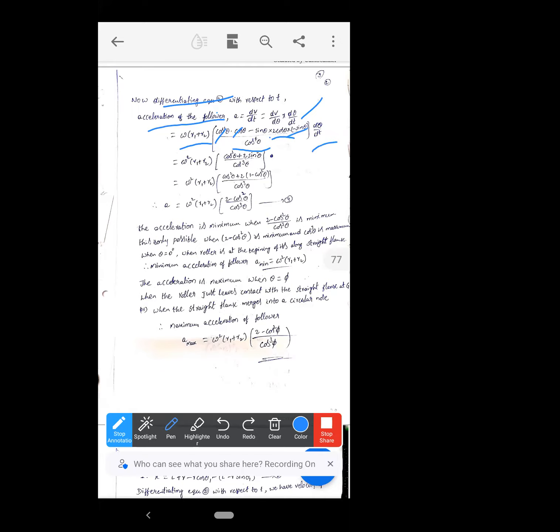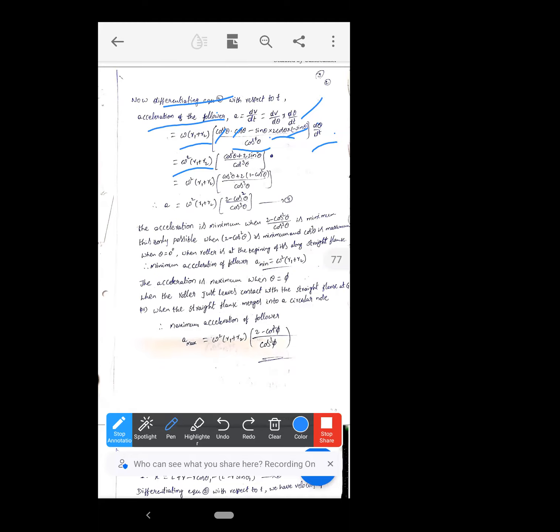Now d theta by dt we again write as omega. So omega square into (r1 plus r2) into, after simplifying, (cos square theta plus 2 sin square theta) by cos cube theta. When we take out cos theta from the entire equation, the denominator loses one cos theta, and the numerator has cos theta eliminated.